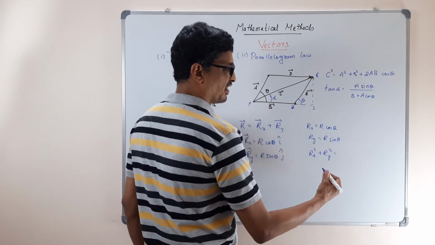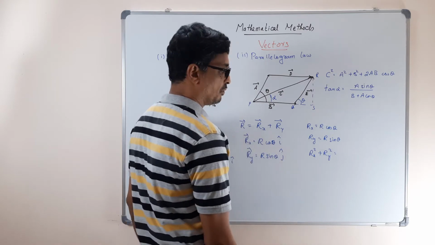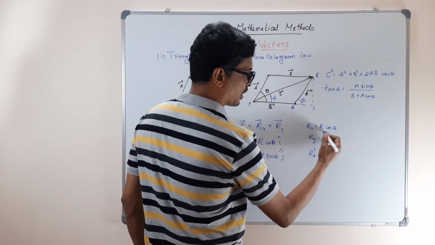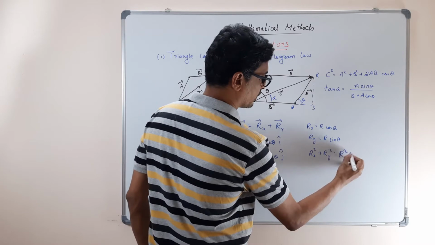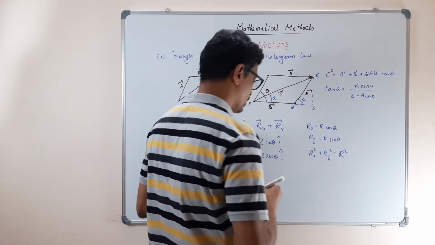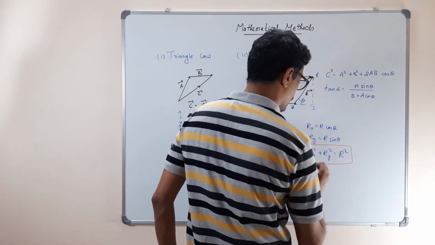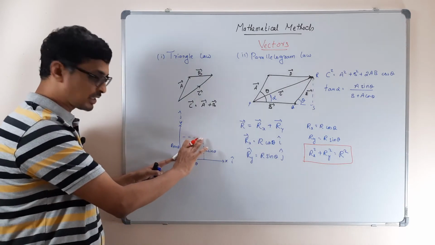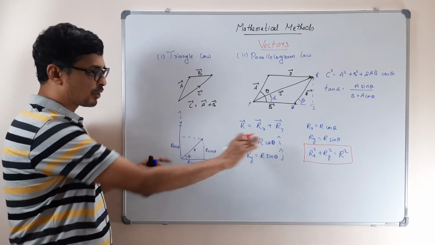This is R square cos square theta plus R square sin square theta. That will become R square. So this gives you the magnitude of the R vector. So the R vector can be represented in terms of Rx and Ry after resolving. This is the property you have to use.